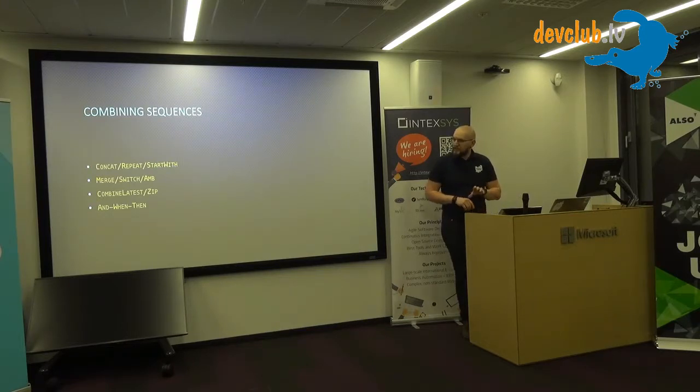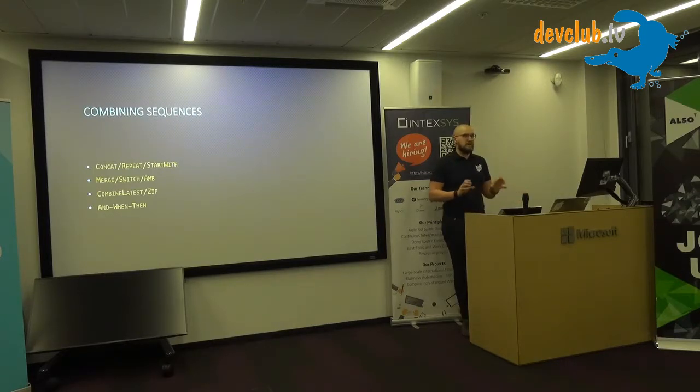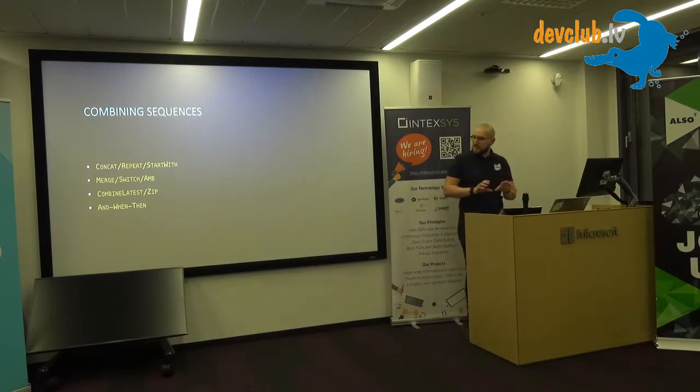Which is a very interesting point here, as you have to remember that a finishing sequence is something which might never happen. Your sequence might never yield an OnCompleted call, and you basically have an infinite sequence. Also, it might not emit items at all, so you always have to be careful with things which expect your sequence to be finished.